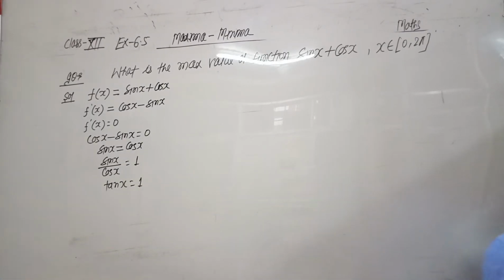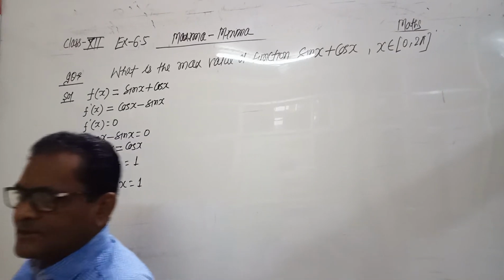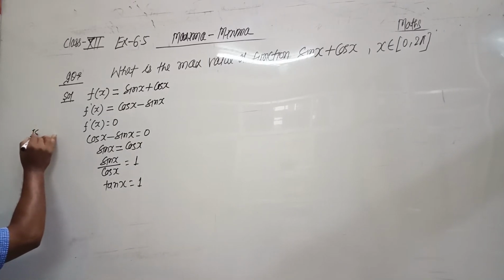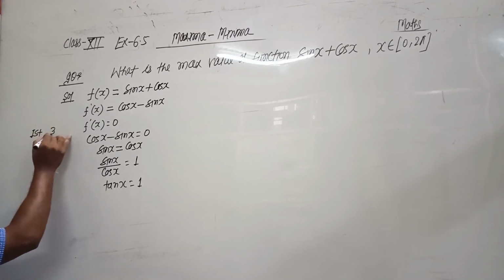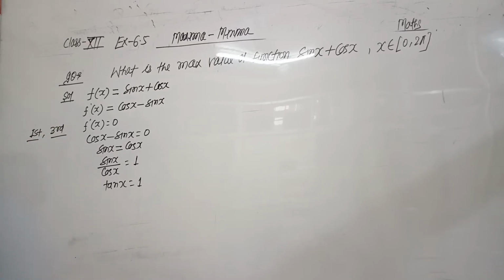So we have to consider in which quadrant the value of tan x is positive. So tan x is positive in the first quadrant and in the third quadrant. In both the quadrants, first and third, the value of tan x is positive.